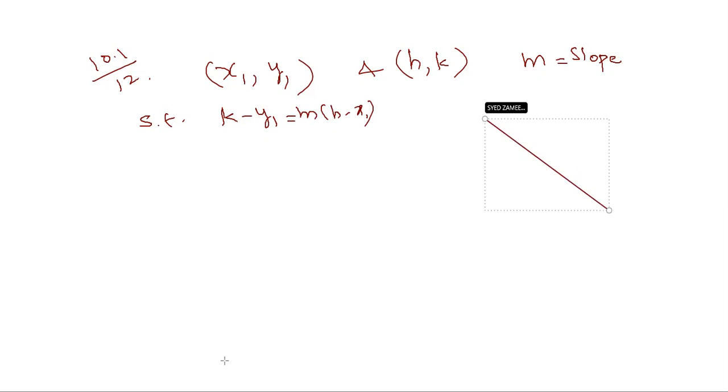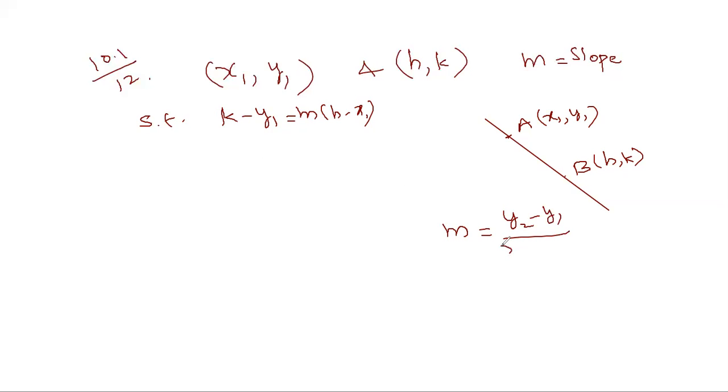This is a line and it is passing through 2 points. Suppose this is A, its coordinates are x1, y1, and B, its coordinates are h, k, and the slope is m. So you know how to find the slope. Slope is equal to y2 minus y1 upon x2 minus x1.